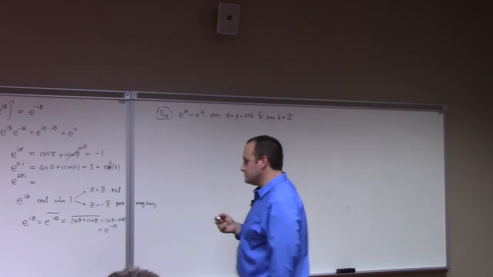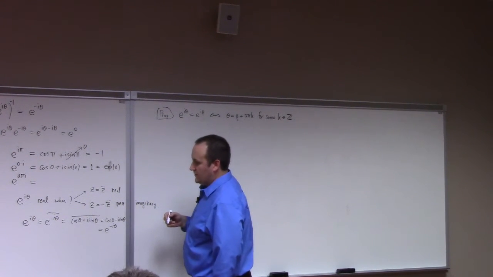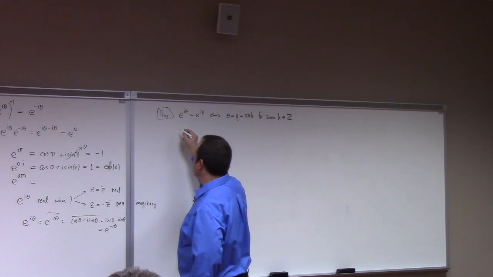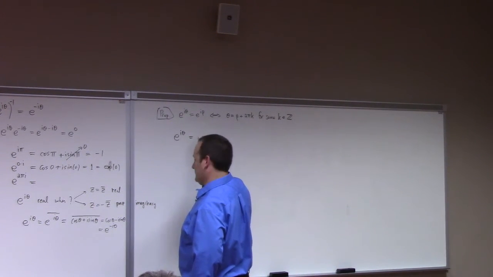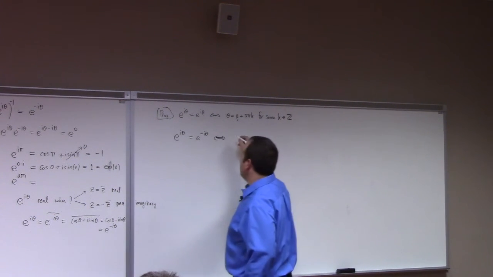So coming back to attacking the question of, when is e to the i theta real? I wanted to solve the equation e to the i theta equals e to the minus i theta. What do we need? That's going to only be true if what?